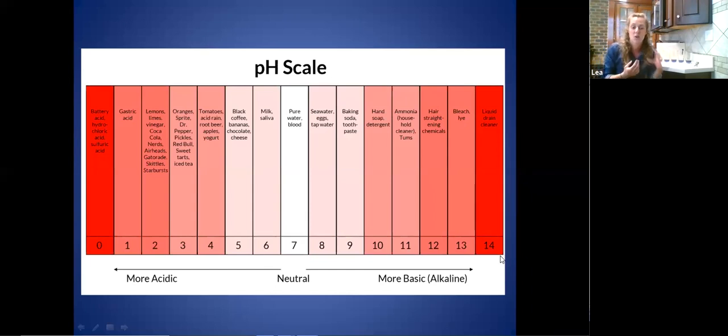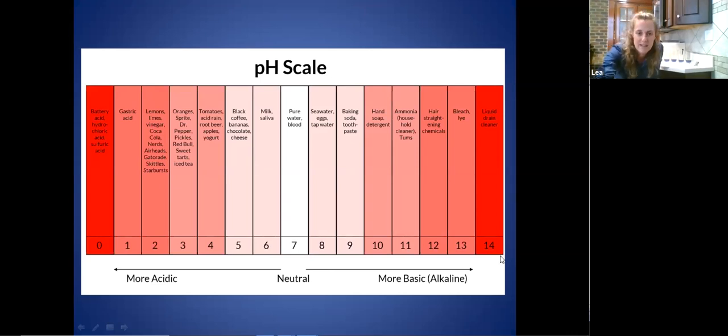Strong acids include gastric acid, the acid in your stomach, or battery acid. On the other end of the scale, some weak bases are baking soda, toothpaste, things like that. A lot of our soaps and detergents are also bases, whereas Drano and bleach are some really strong bases.